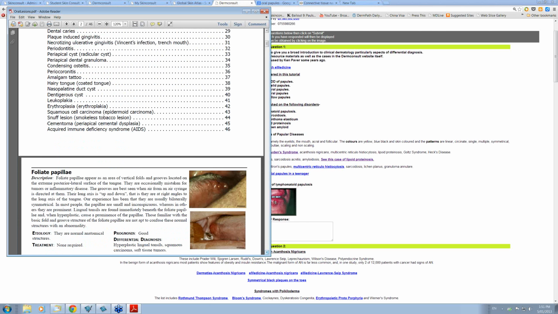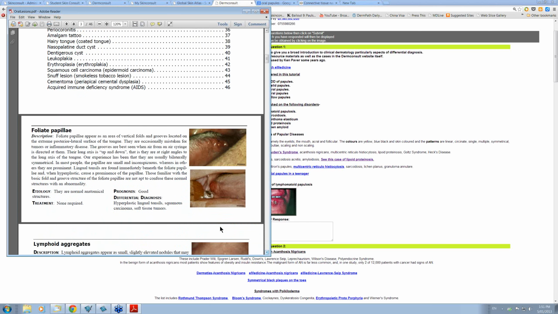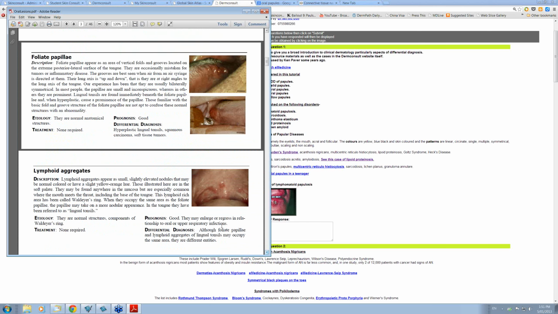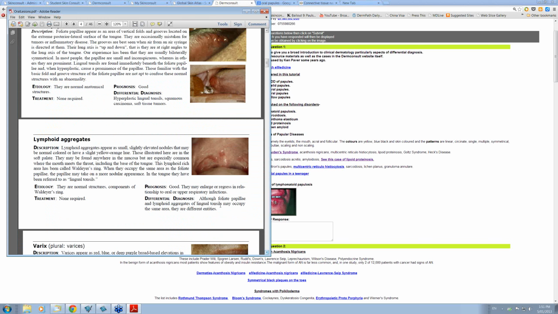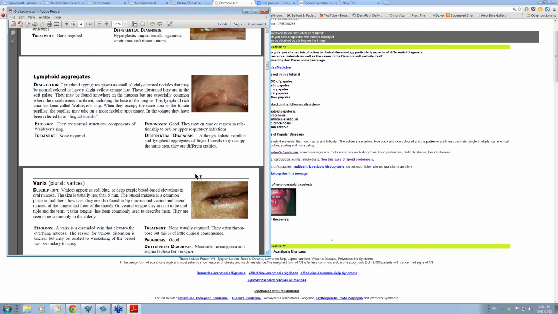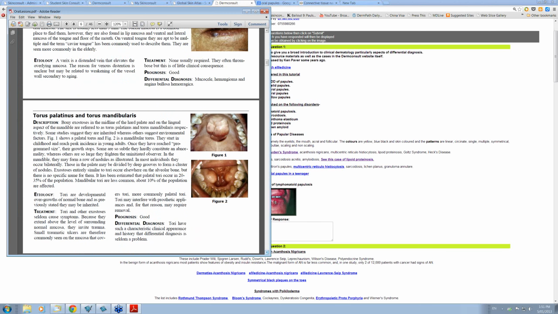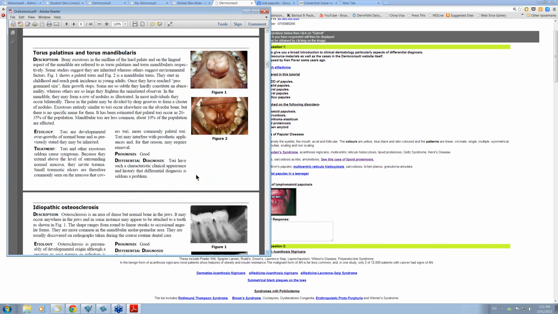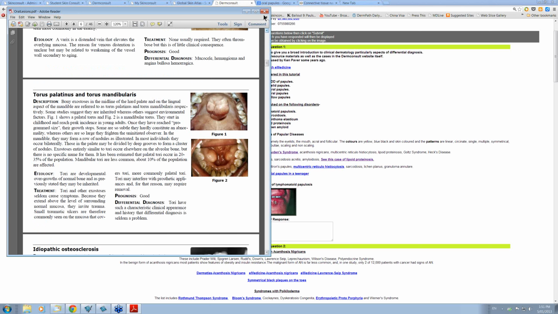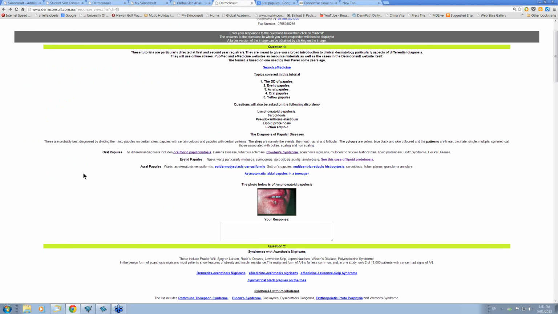And this particular little PDF had some nice pictures in there. I'll link it to the beginning section of this discussion, and you can have a look at some of the other things that can cause lesions inside the mouth. But really, I should put that away. We're really talking about papules just now.